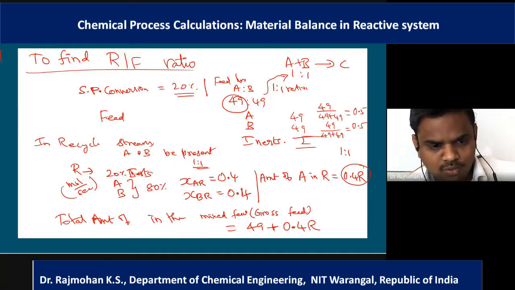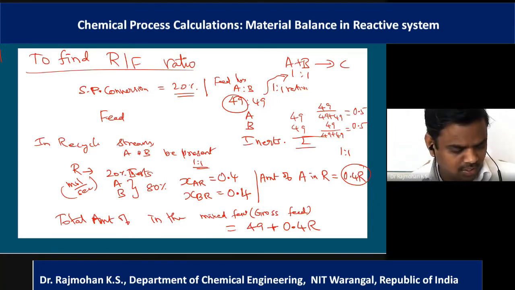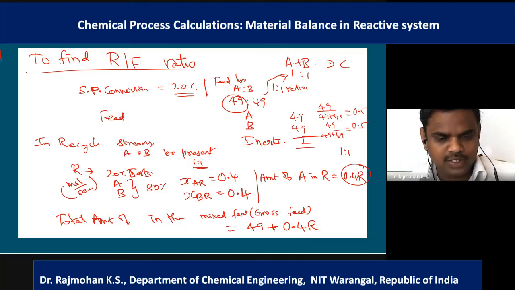This is the total amount of A entering the reactor, out of which only 20% reacted, which means 80% remains unconverted.